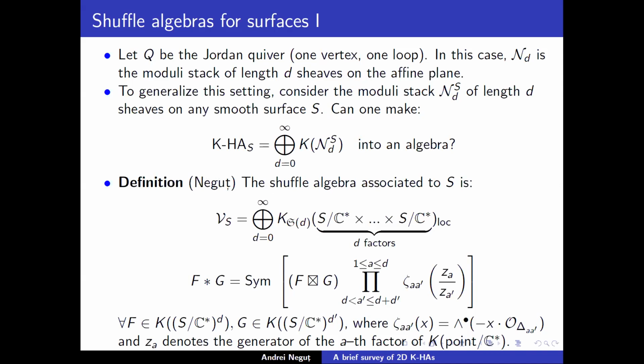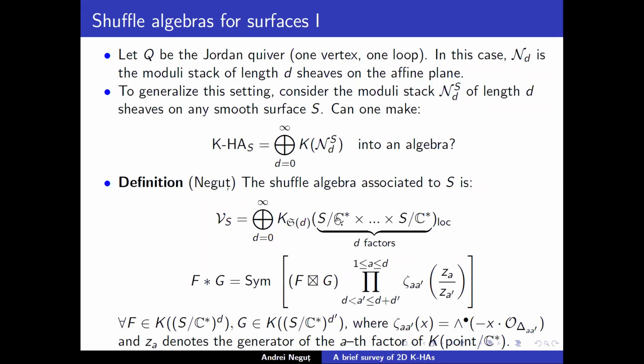But it's not just the powers of a surface. If you look here, it's actually the surface mod C star, where C star acts trivially on the surface. Now, the K-theory of something mod C star, where C star acts trivially on that something, is just the K-theory of something tensored with polynomials in one variable.